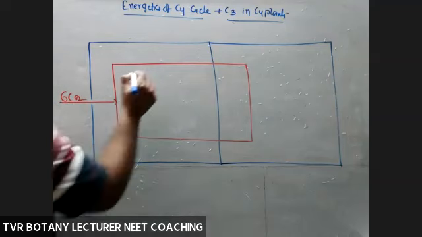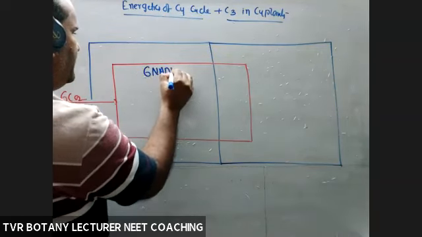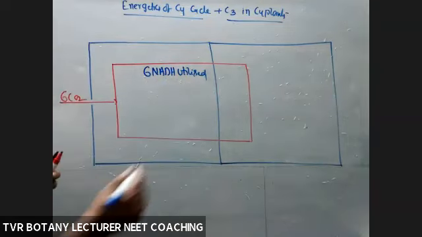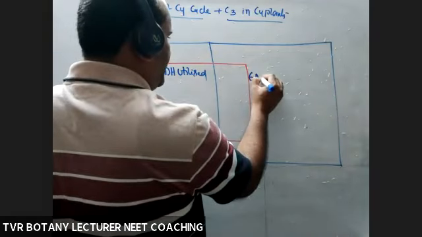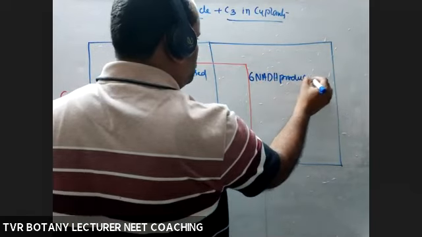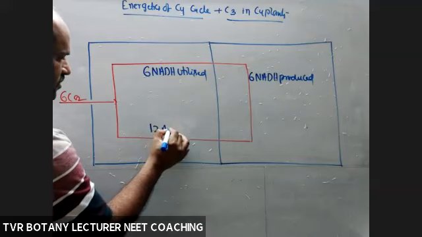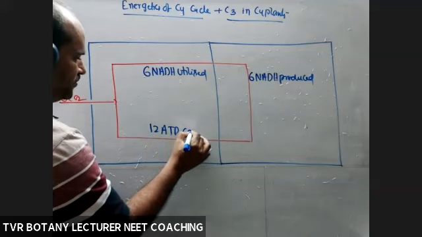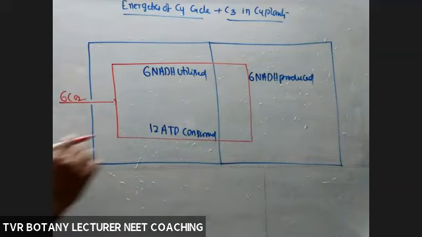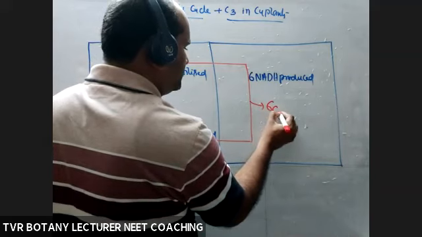Okay, so what about the number of NADH consumed? NADH utilized, 6. Next, 6 NADH produced. And here, what about the total number of ATP consumed? 12 ATP consumed. Okay, so how many CO2 available for the C3 cycle? 6 CO2.